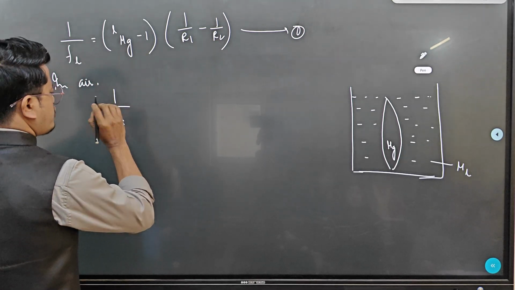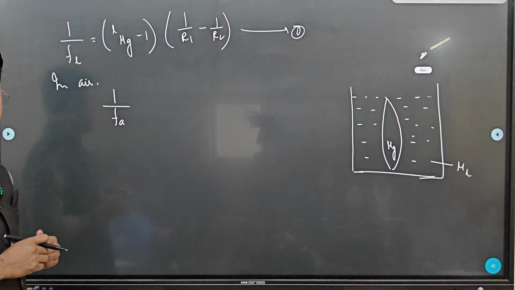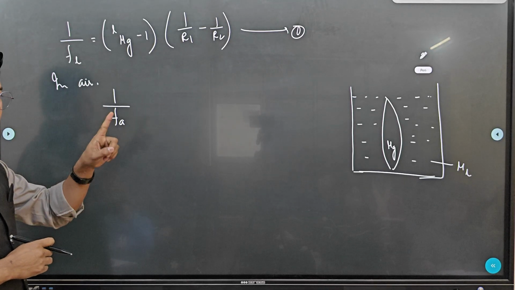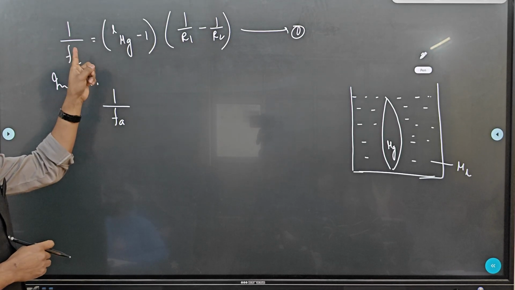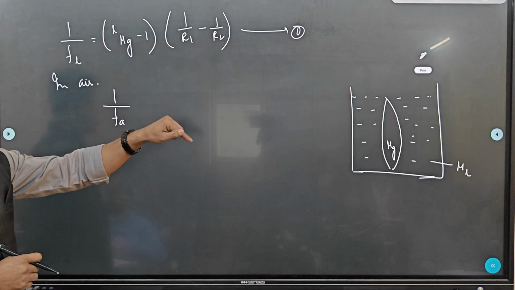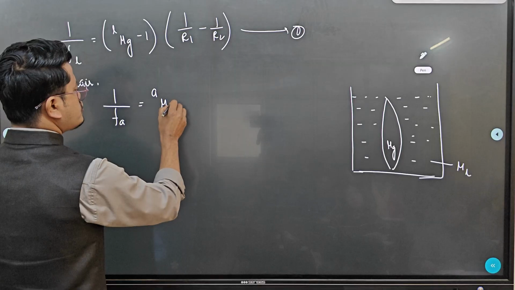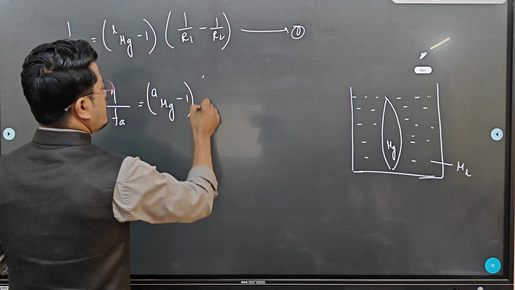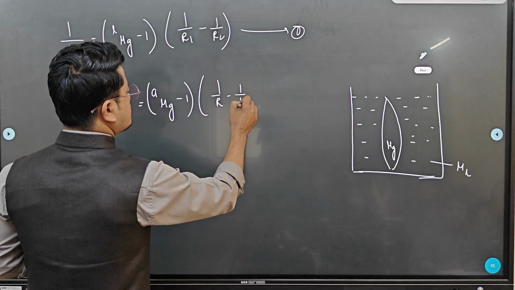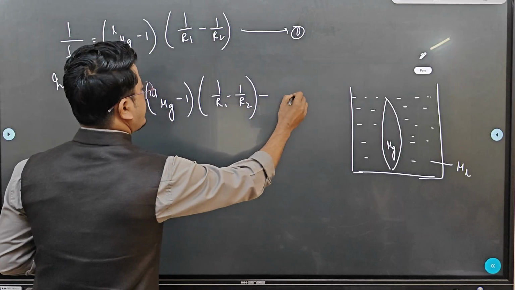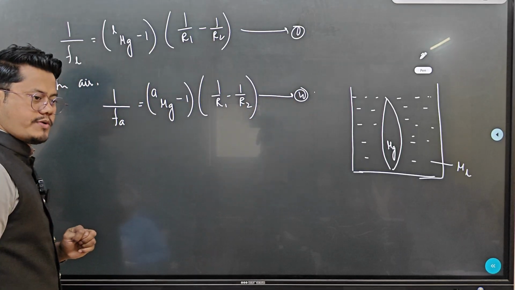Let me assume the focal length to be FA in this case. Got it? This is the focal length of the lens in air. This is the focal length of the lens inside the liquid. I hope you understand. So here can I write 1 by FA equals A mu G minus 1 times 1 by R1 minus 1 by R2? Can I write like this? This is equation number 2, right?